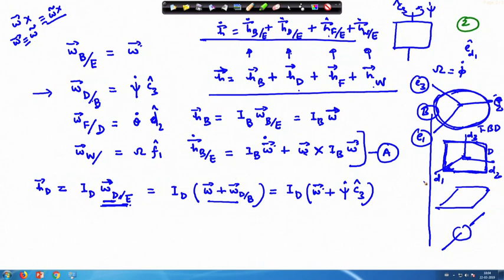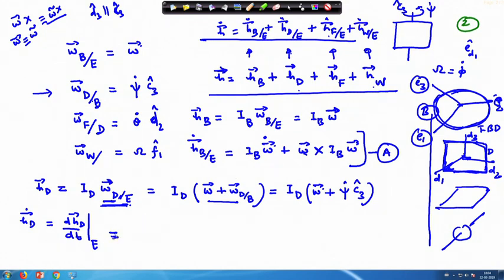C 3 cap and D 3 cap are along the same direction all the time, and therefore D 3 cap can be replaced by this, and some of the steps can be skipped. Now, we can write H d dot, which becomes d h d by d t with respect to E frame.